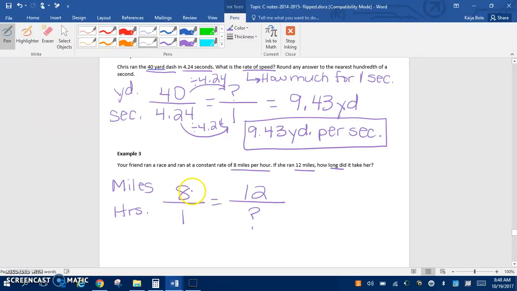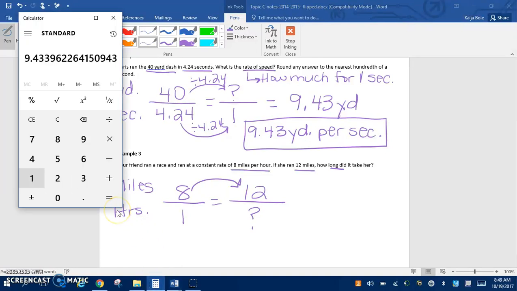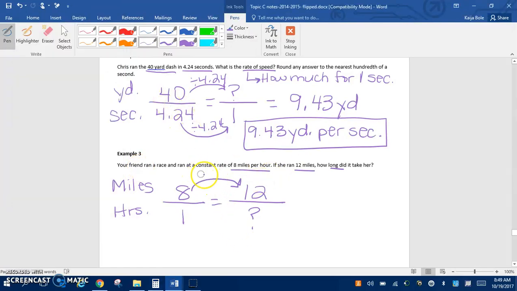Now we need to ask ourselves, how do we get from 8 to 12? We might not know that, so we can go backwards. We can do 12 divided by 8, which gives us 1.5. So this means we're multiplying by 1.5 on the top and on the bottom. And we know 1 times 1.5 is just 1.5, and our unit here would be hours. It took her 1.5 hours.